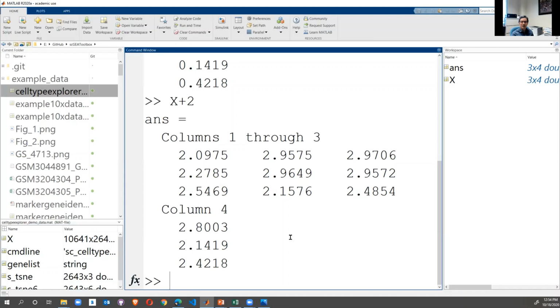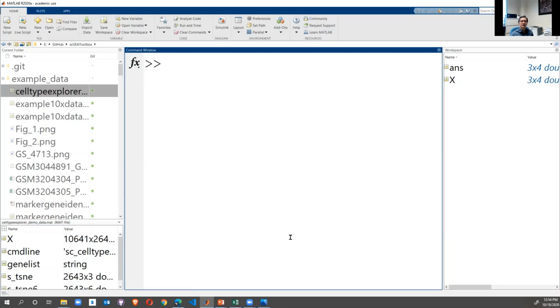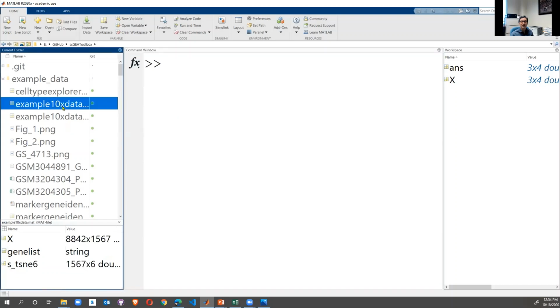I'm going to load example data from text genomics, and show you how easily you can use MATLAB to do this library size normalization. In this folder, I have the example text genomics data file. I will double click to load the data.